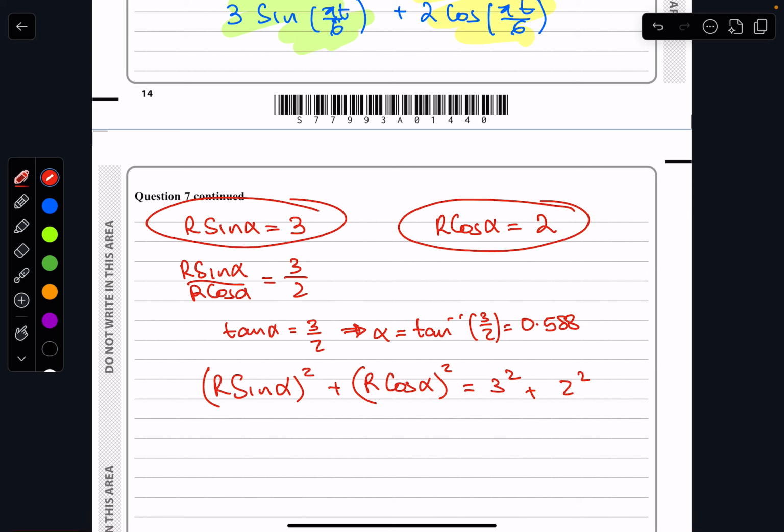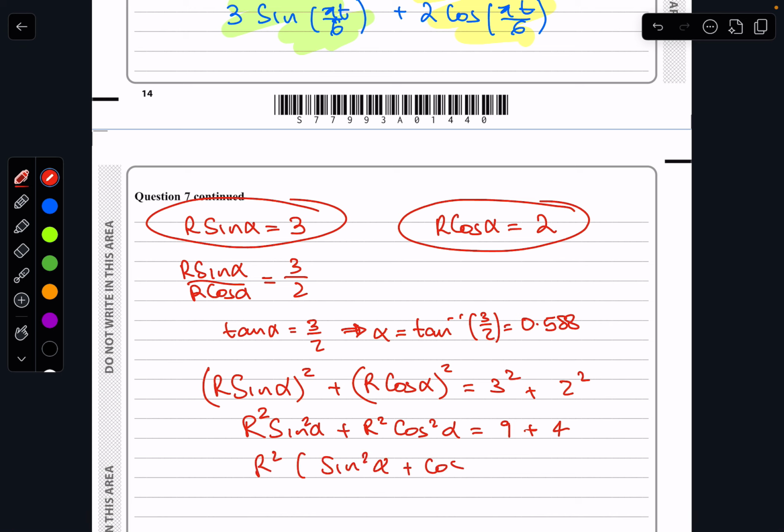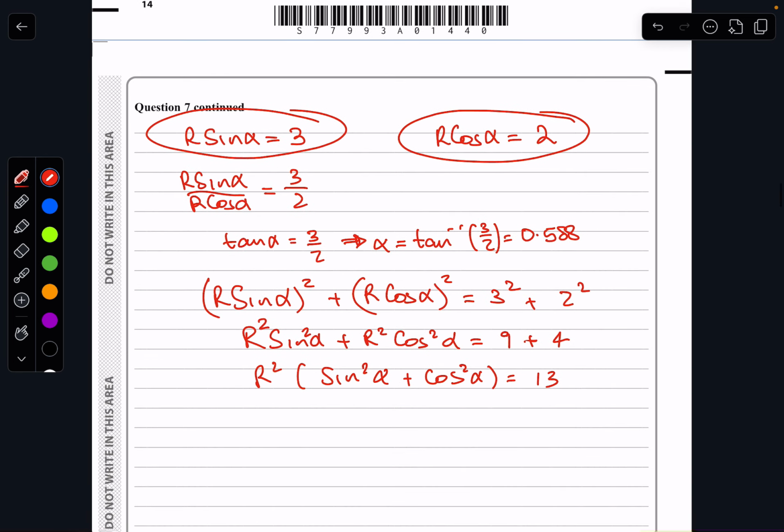That becomes r squared sine squared alpha plus r squared cos squared alpha is equivalent to 9 plus 4. Factorize the r squared out, and that leaves us with sine squared alpha plus cos squared alpha, which is equal to 13. We know that sine squared plus cos squared gives us 1. So r squared is equal to 13, so r is simply going to be equal to the square root of 13.